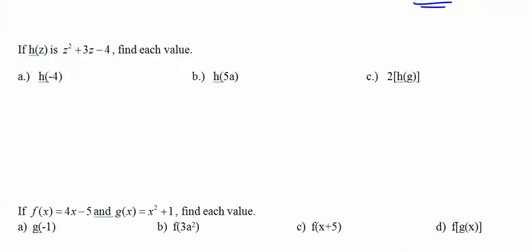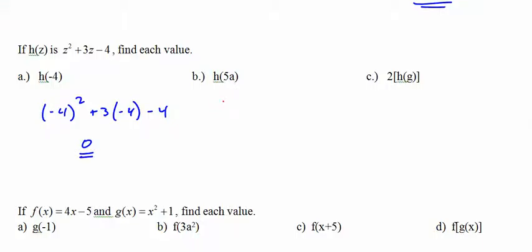If h of z is z squared plus 3z minus 4, what's h of negative 4? Always put it in parentheses. 16 minus 12 is 4, minus 4 is 0.